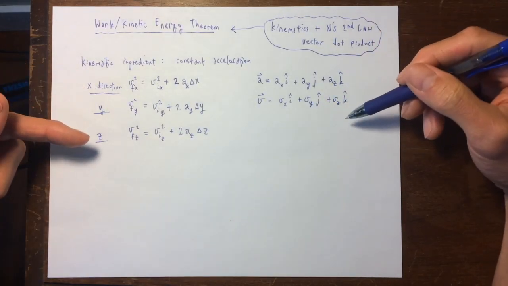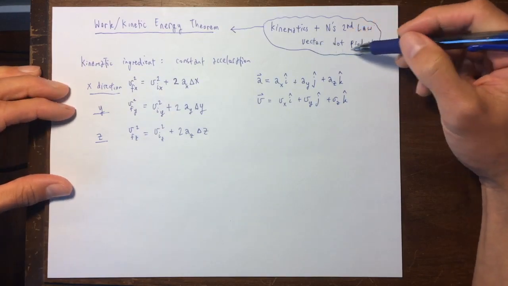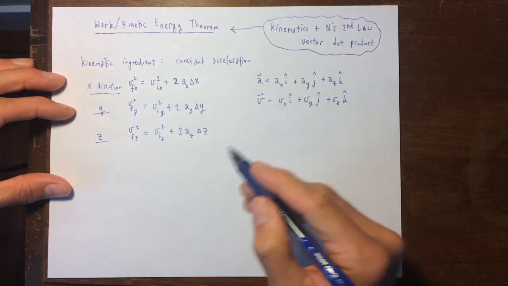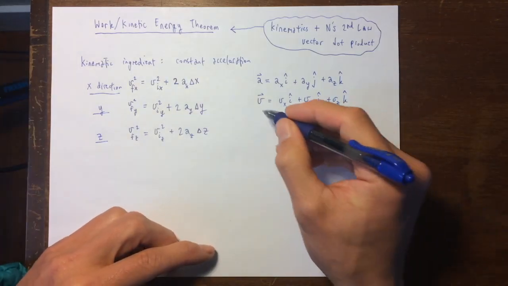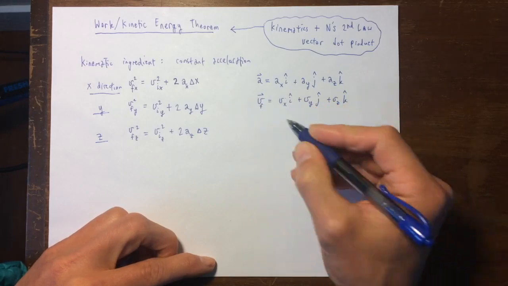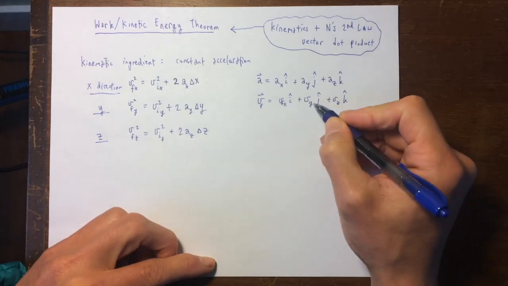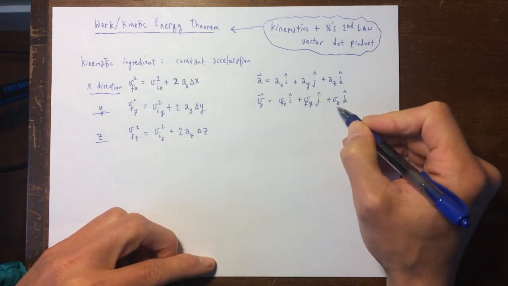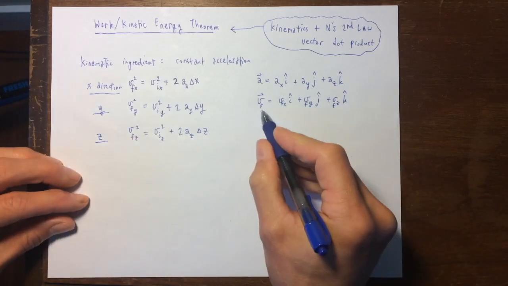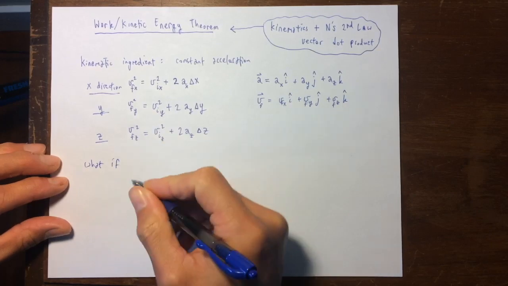So far so good, but I'm feeling inspired. I'm going to mix a little bit of this mathematics up and just see what I get. So if I take this velocity, I could look at the final velocity vector, right? So this is the final velocity vector. And what if I did this? So what if?